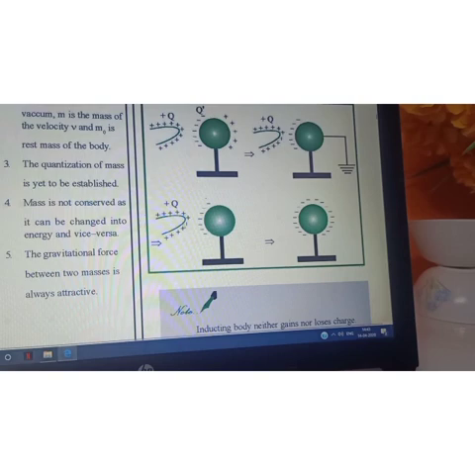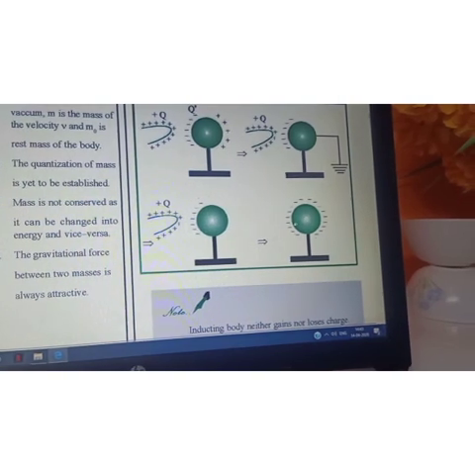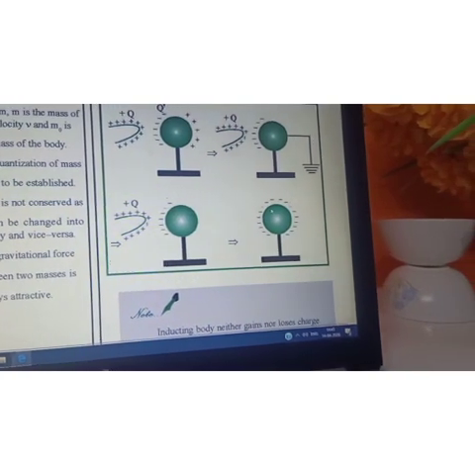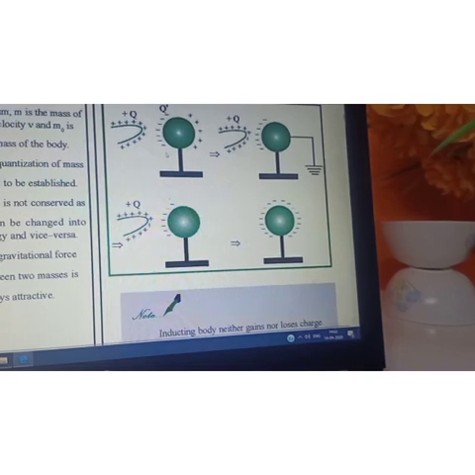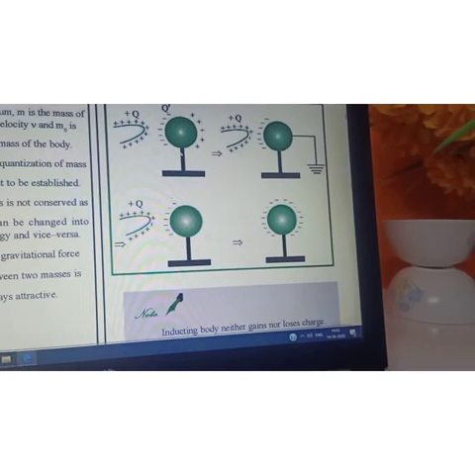If we separate it and take it away from the charged body, the charge is uniformly distributed over it. The whole process is shown in 4 steps. First, bring a charged body near an uncharged or neutral body. Second, earth it, and then take the charged body away from the uncharged body.